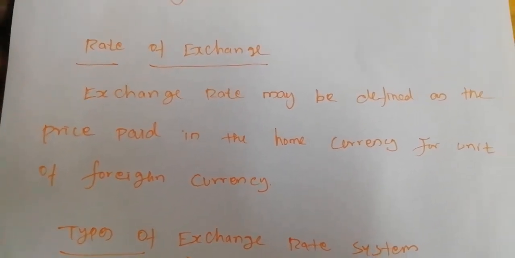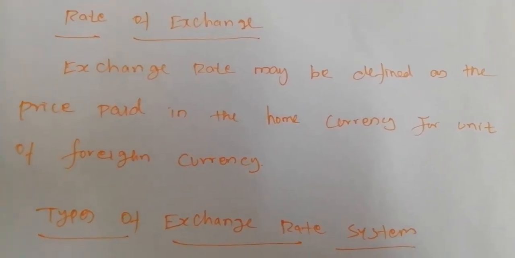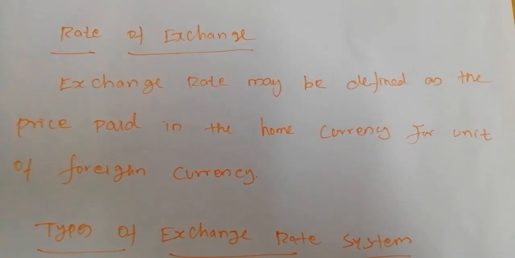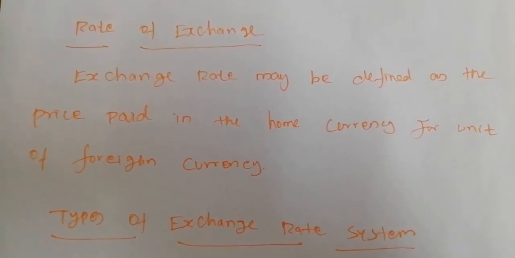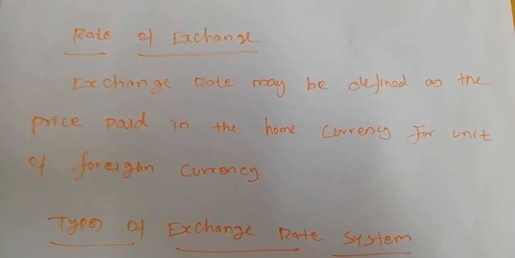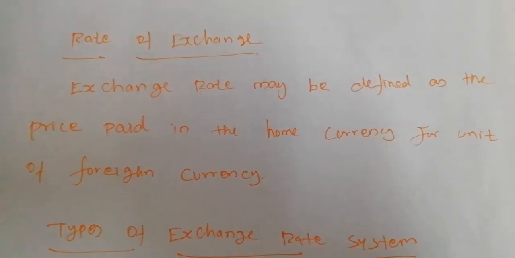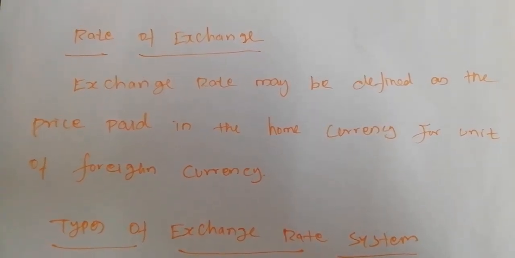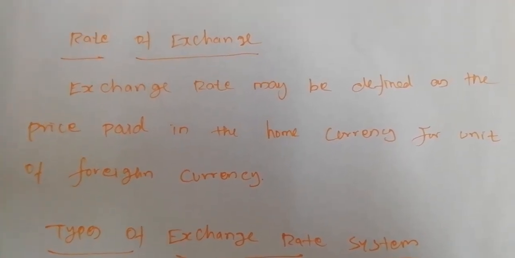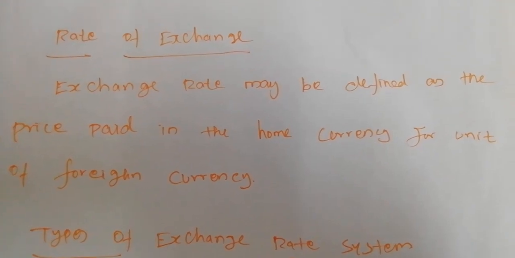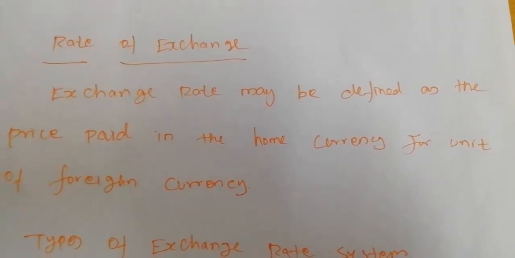The exchange rate may be defined as the price paid in the home currency for a unit of foreign currency. Transactions in the exchange market are carried out at exchange rates. It is the external value of the domestic currency. Every nation's currency has some value.